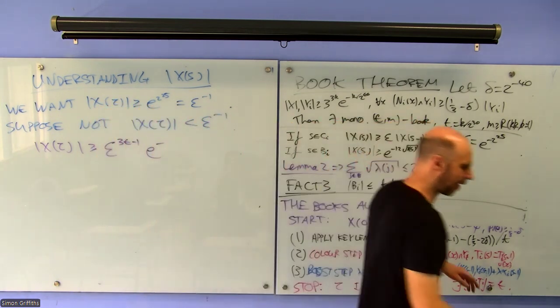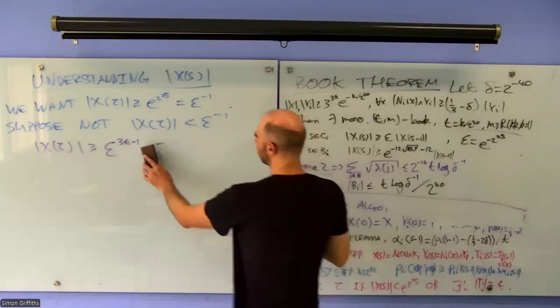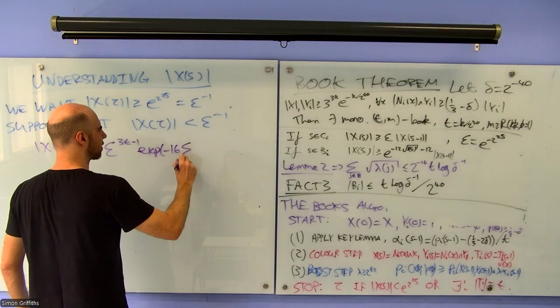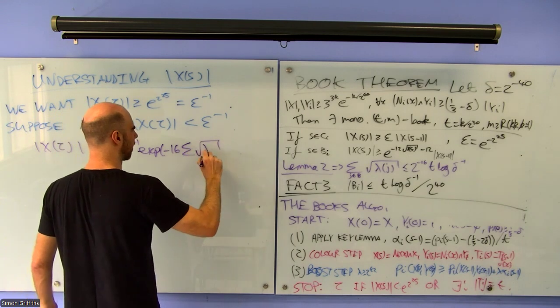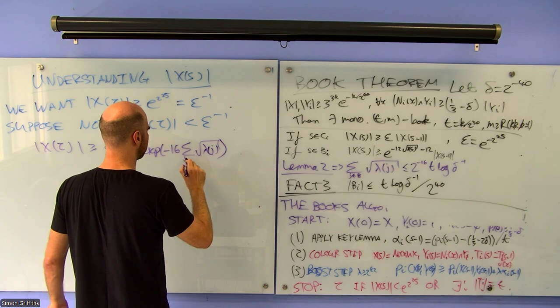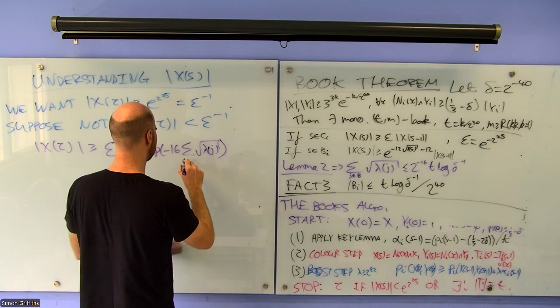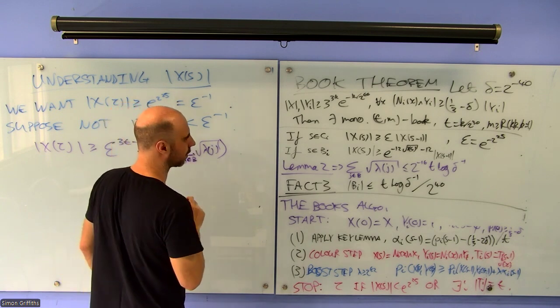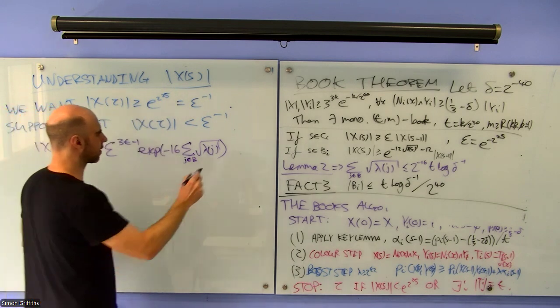Maybe I'll write x with minus 16, the sum of the square root lambda j, or j in, this is only in the boosts, times x0.